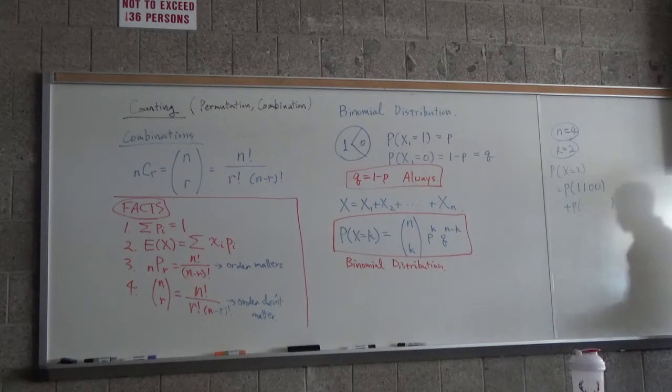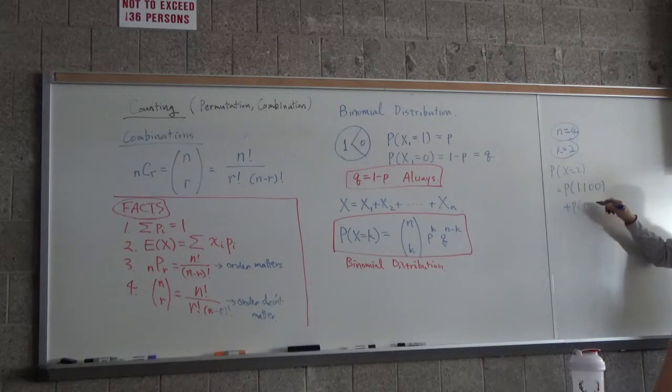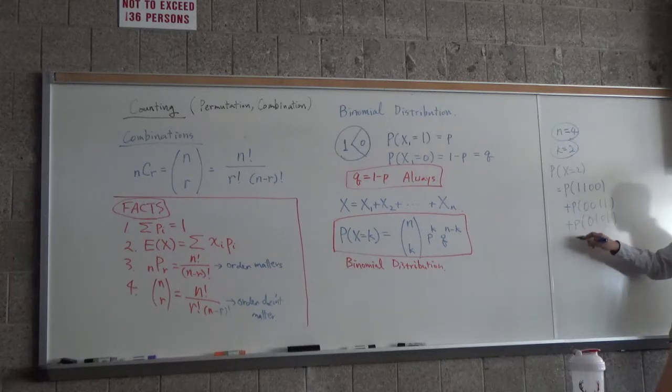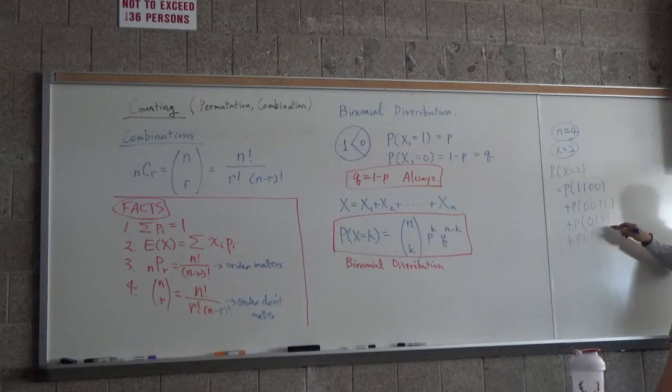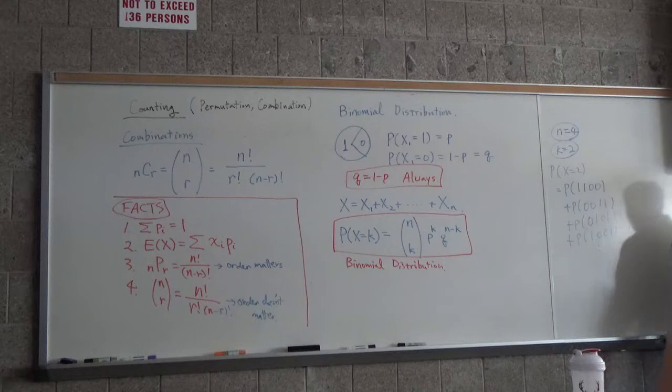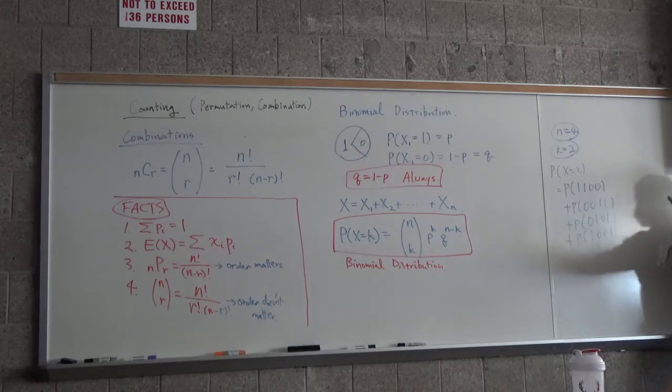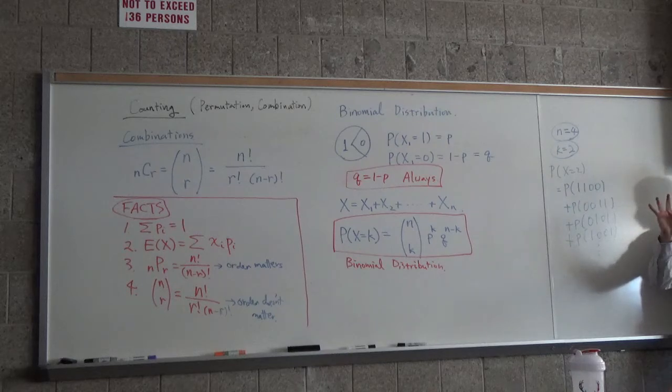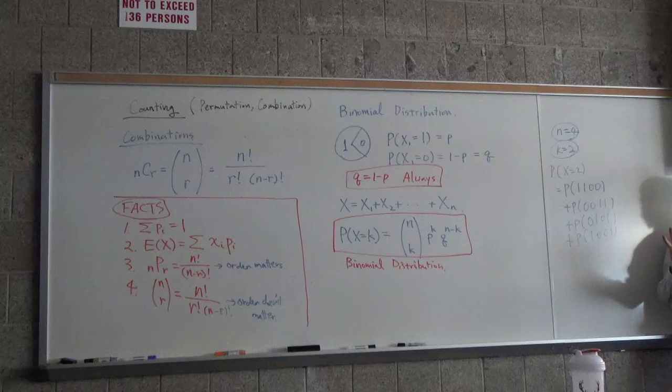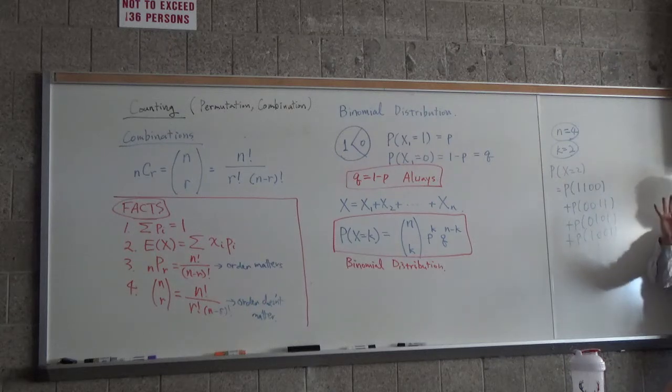All right, give me another one. 0, 0, 1, 1, good. Give me another one. 0, 1, 0, 1. 1, 0, 0, 1. Okay, so it's getting a little long. But here's another way to think of it. There are 4 possible places where you can win or lose, but we just want the cases where you have 2 wins. So we're choosing 2 locations out of the 4.